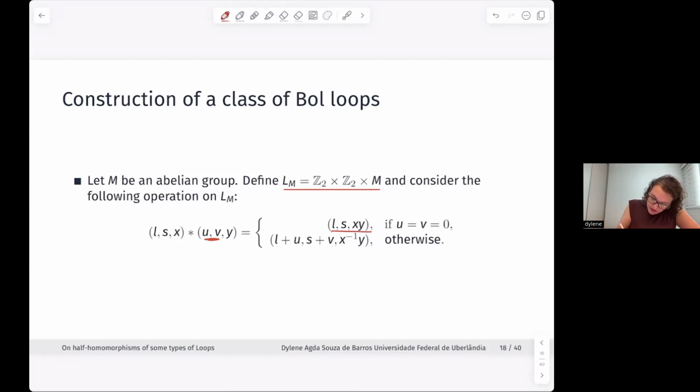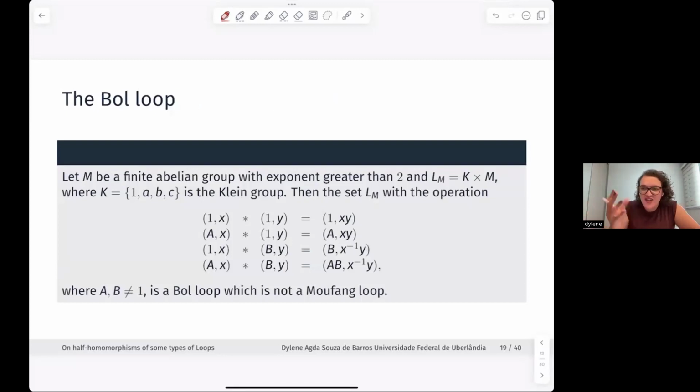If not, we use a kind of direct product, but we use x minus 1 instead of x, okay? So another way to see that loop is to exchange Z2, Z2 by the Klein group. So we have L_M as K times M, where M is a finite abelian group with exponent greater than 2. I'm going to explain that in a bit. And K is the Klein group.